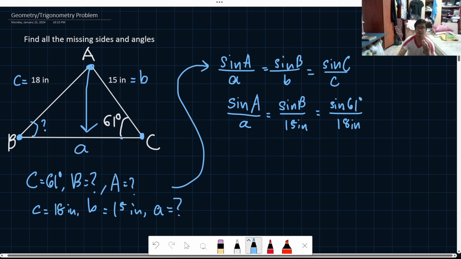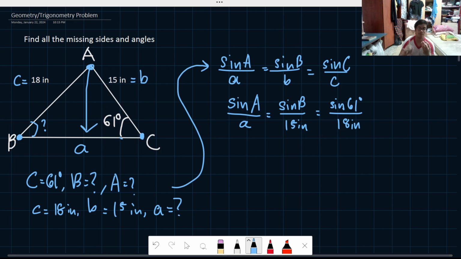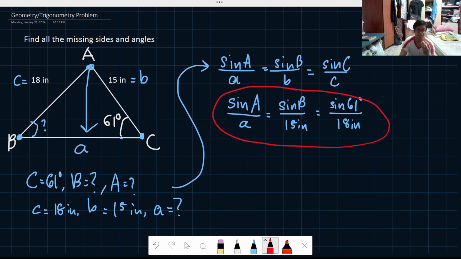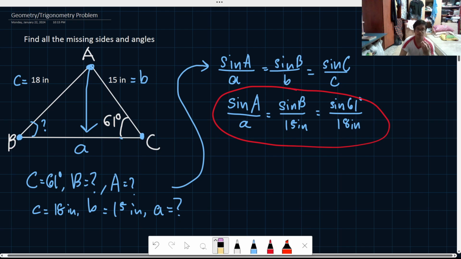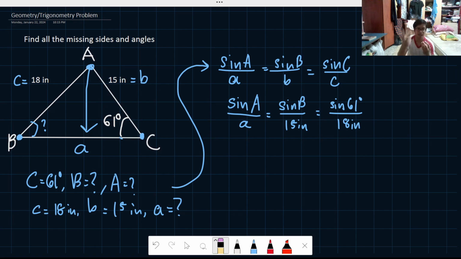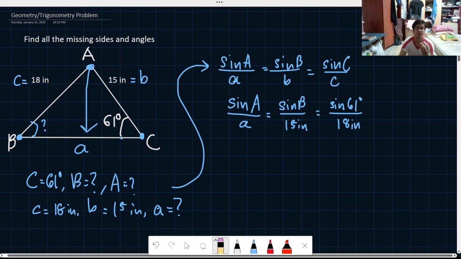Okay, so now what? Now, for us to find a side or an angle, here's what we're going to do. We're going to focus on this one. First, pick one fraction or ratio that has a given angle and a given side.